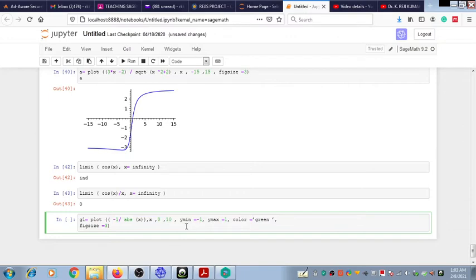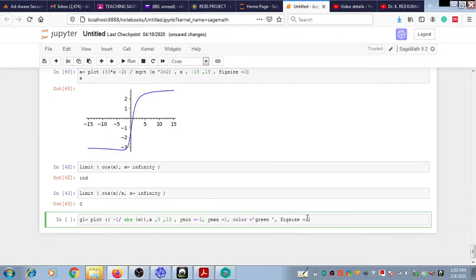There is some error. Okay, then I am going to change the quotation. I have to correct that quotation, single quotation, green. Green must be inside that single quotation.